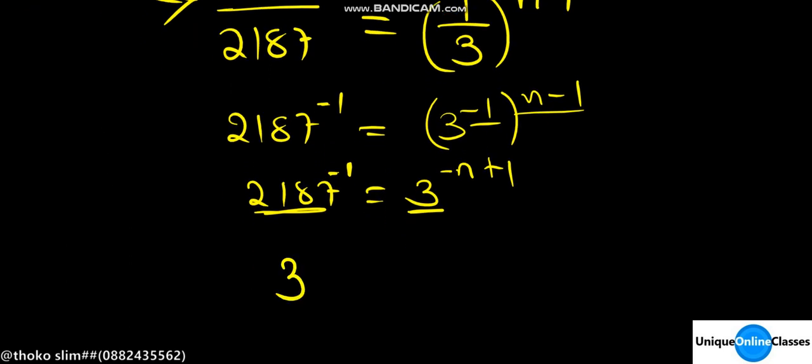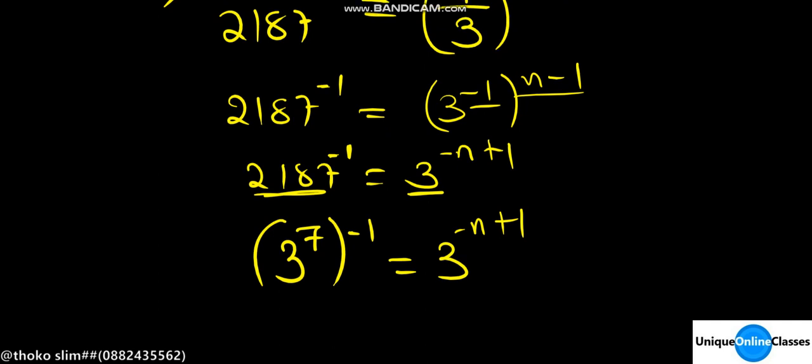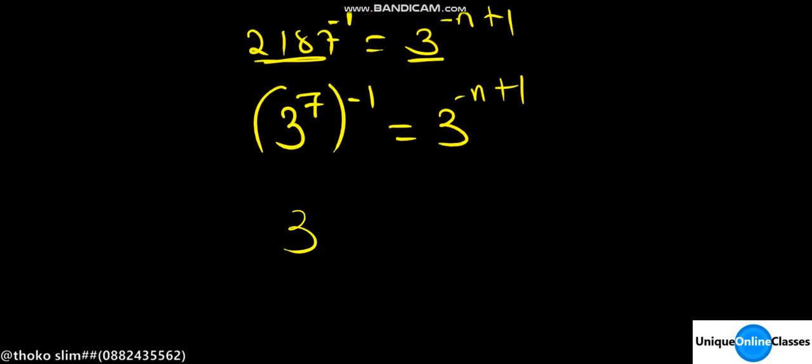So here you have 3 to the power 7, then outside you have negative 1, which is equal to 3 to the power negative n plus 1. So 3 raised to the power negative 7 is equal to 3 raised to the power minus n plus 1.